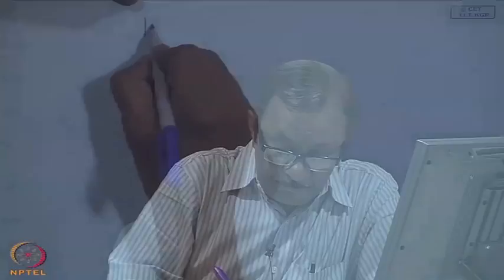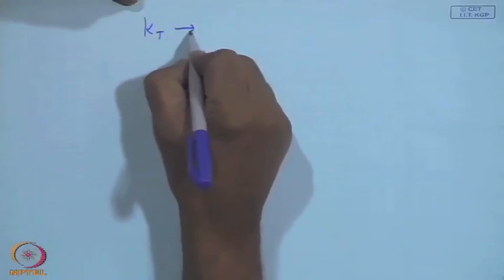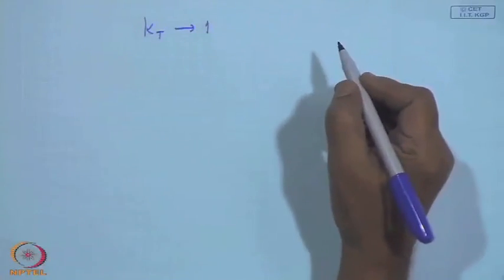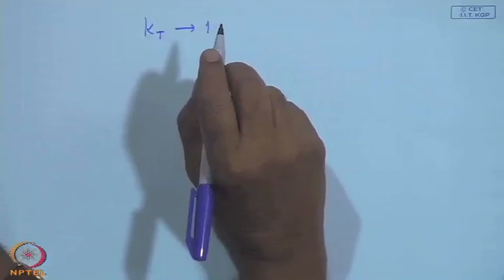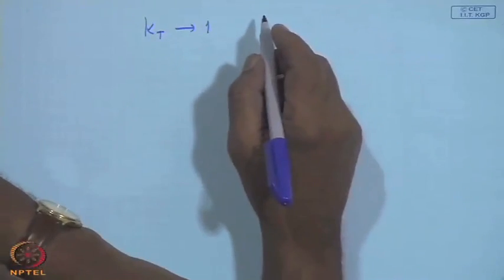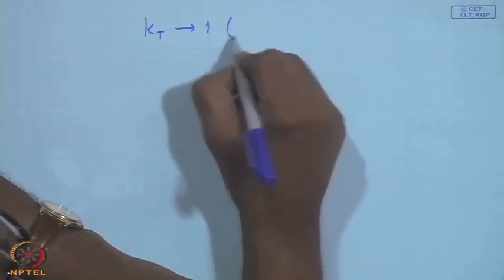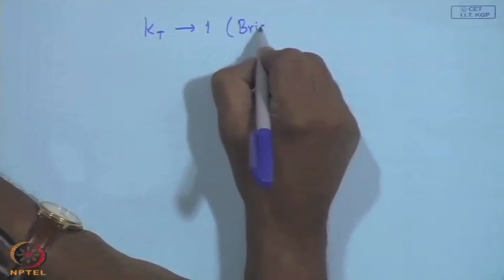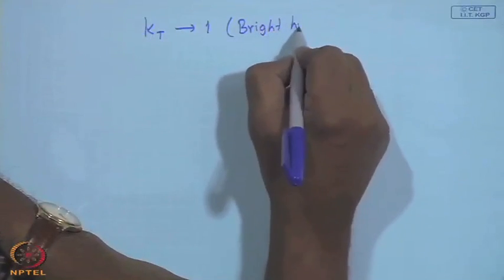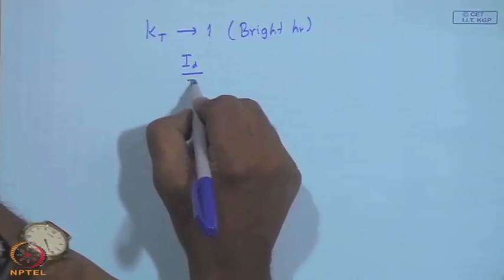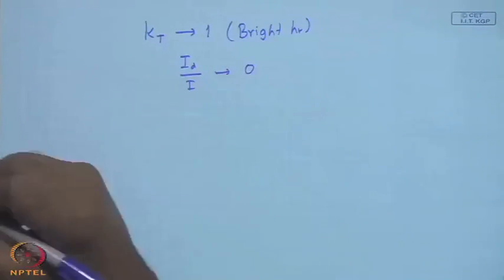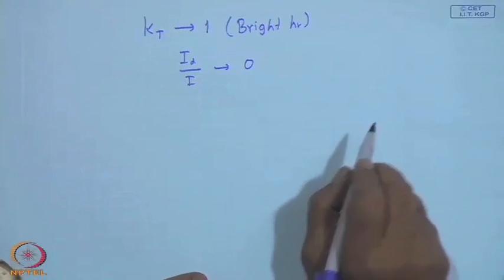You can expect, if kT is 1, that means it is a bright hour, right. In fact, it is called a clearness index. So, if it is equal to 1, it is very clear, so the diffuse fraction should vanish.